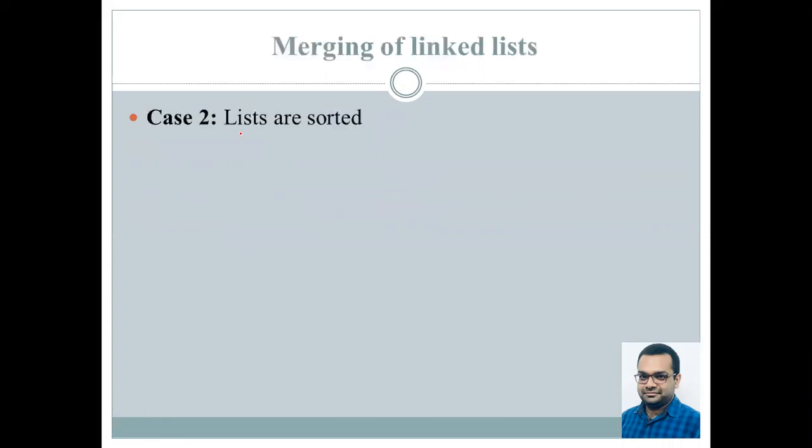Today we are considering case 2, that is, lists are sorted. So let's see. Basically the idea is we are given two lists with the start nodes and their respective nodes like these and so on.